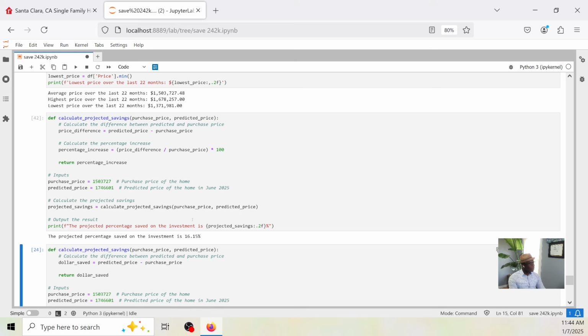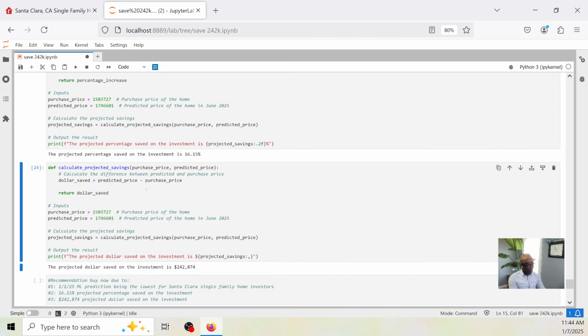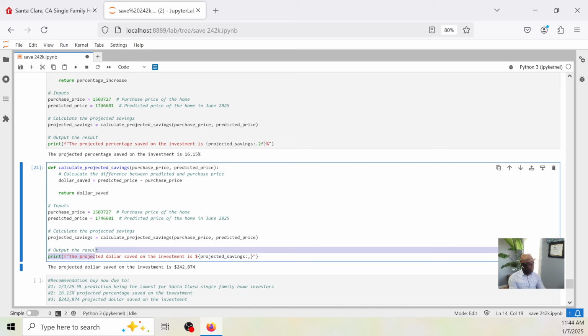So if I were to make a decision, I would ideally want to make a purchase like today, sooner, knowing that prices are getting higher and higher. Similarly, if I wanted to see the projected dollars saved on my investment, I would just put in the same values. So the purchase price and then the predicted price, and then I'm able to compute the projected savings.